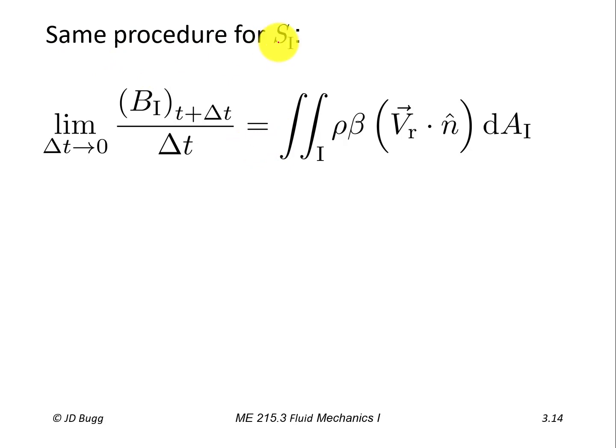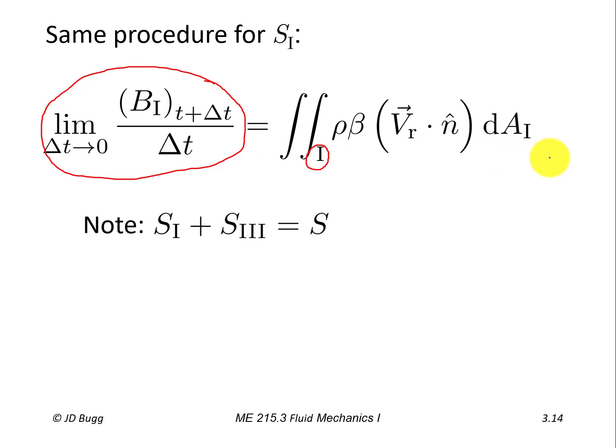The same procedure can be followed for surface 1, and we would find that this quantity is equal to exactly the same thing. Only difference here is we're integrating over surface 1 instead of surface 3. So we can represent both of those things, both the inlet region 1 and the exit region 3, with exactly the same term. Also note that region 1 and region 3 together make up the total surface.